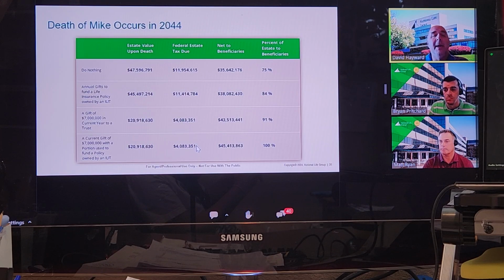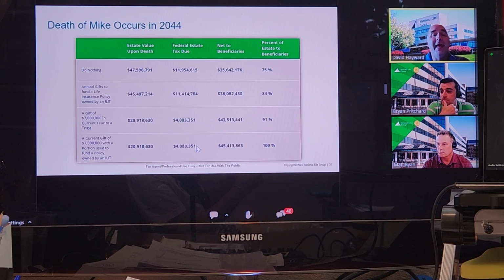So it took some money out from his assets, and then it got invested in the trust, so it didn't grow with interest. So he has a little bit less that's subject to estate taxes, 11.4 rather than 11.9 is his estate tax liability. But you'll see the beneficiaries get an increase to $38 million. They had bought life insurance outside of the estate, so it's not subject to estate taxes, but the beneficiaries do get to keep that death benefit. So that combination of just having a life insurance policy owned in an ILIT means that you can keep 84% of your taxable estate.